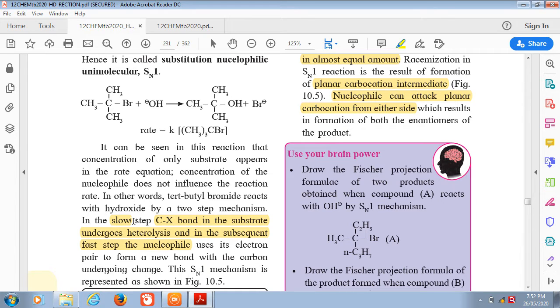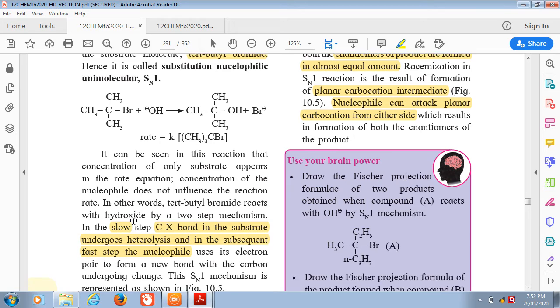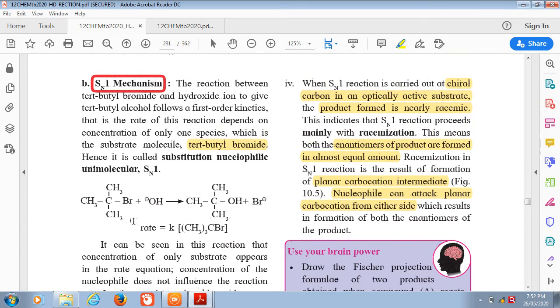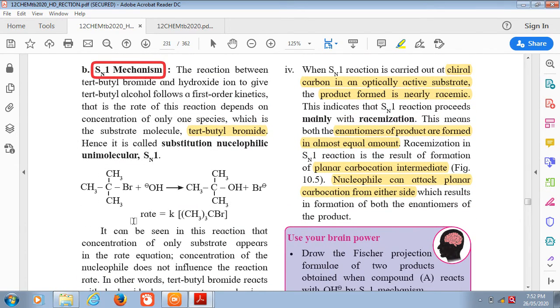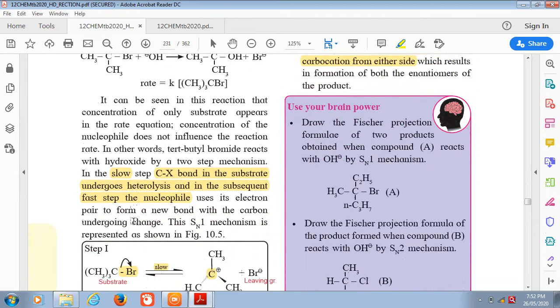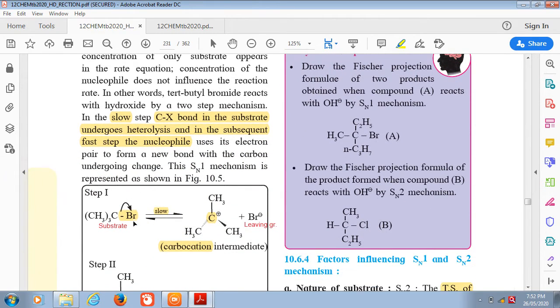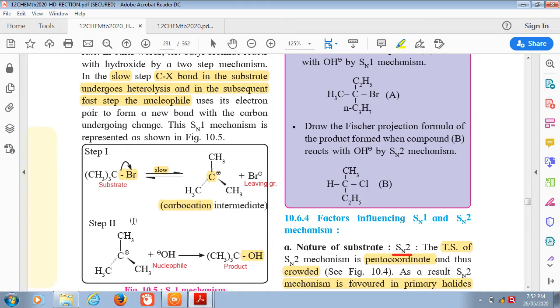Now let us see the mechanism of this reaction. This reaction mechanism takes place in two steps. Here tertiary butyl bromide, which is the substrate, has its C-Br bond undergo cleavage, and there is a formation of this planar carbocation with the leaving group Br minus.